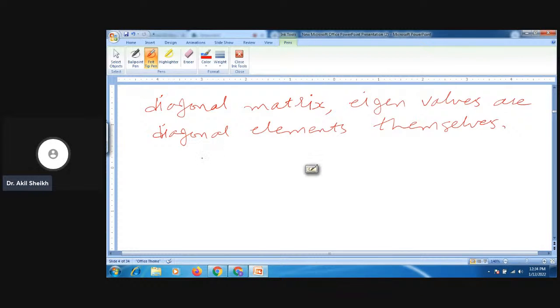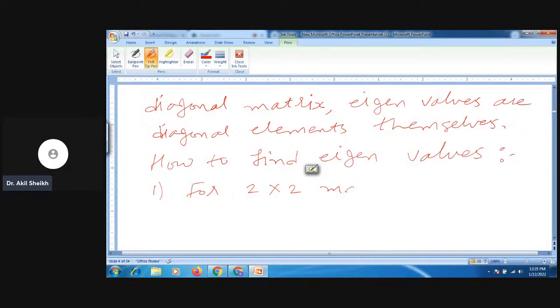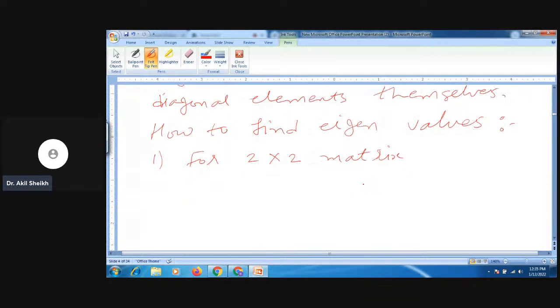Now, how to find eigenvalues? For a 2 by 2 matrix, the formula is lambda square minus s1 lambda plus determinant of A equals 0.